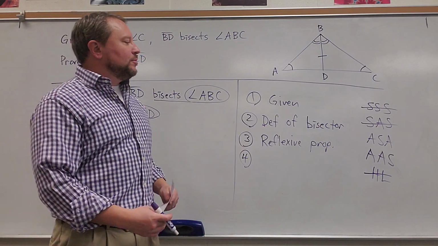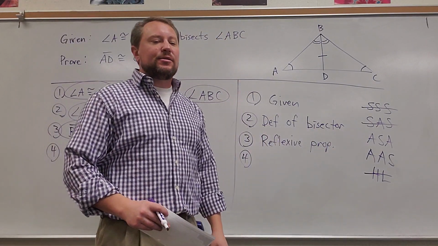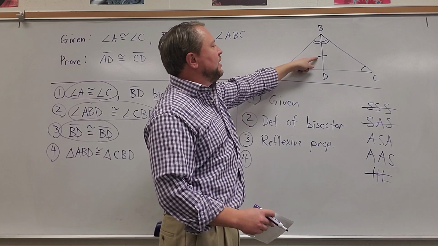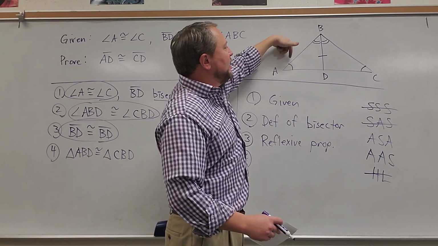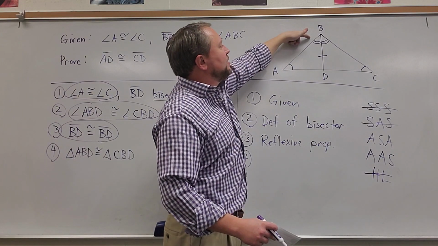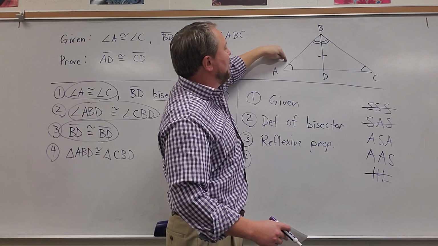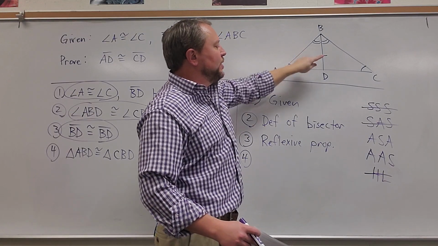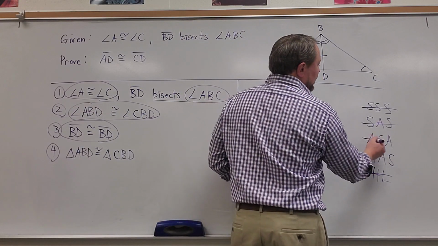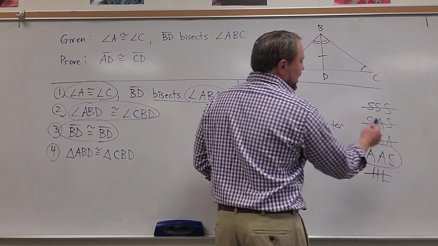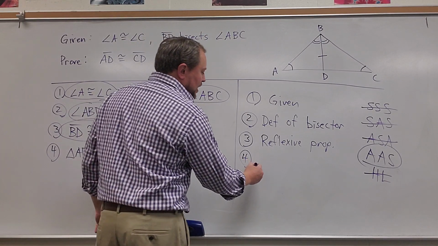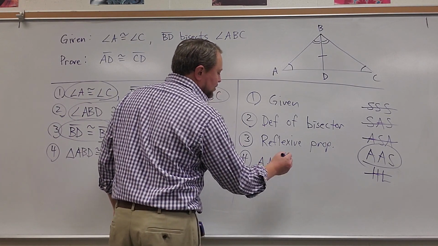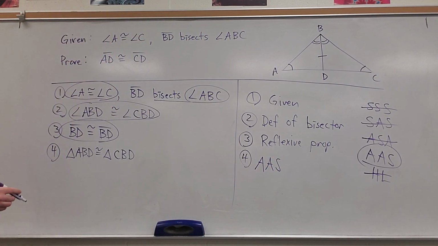So again, I'm down to either ASA or AAS. And I see that my side here is not in between the angles. See how the side in between the angles would be the one joining them right here? That is not in between. So I don't want the one in between. I want the one that's not in between. So that's AAS, our newer shortcut.